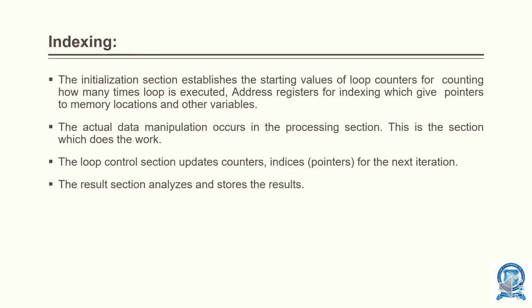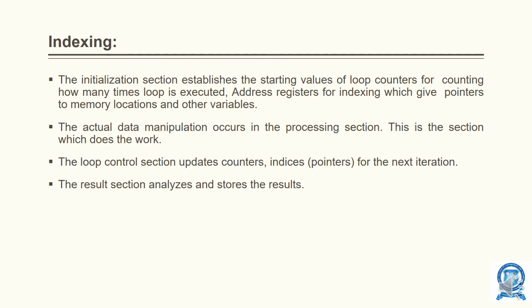So indexing: the initialization section establishes the starting value of loop counters for counting how many times the loop is to be executed. Initially we need to say how many times it is needed. For example, in the previous case I illustrated an example of adding 10 bytes. There I said I need to set a counter as 10 and a decrement operation needs to be performed.